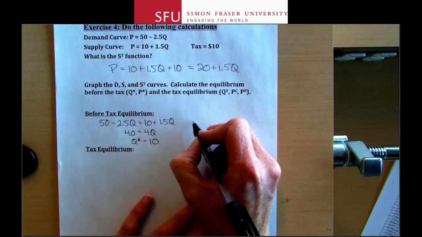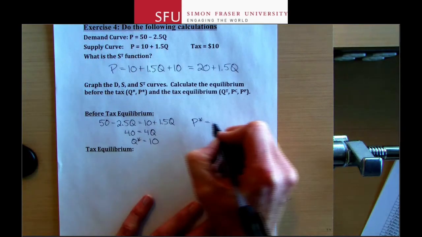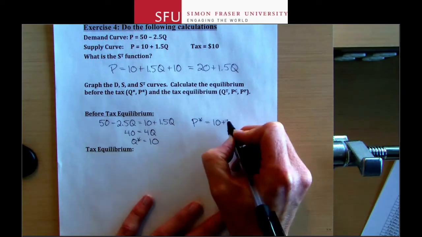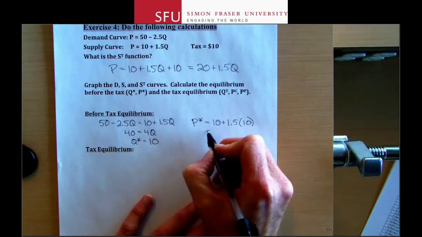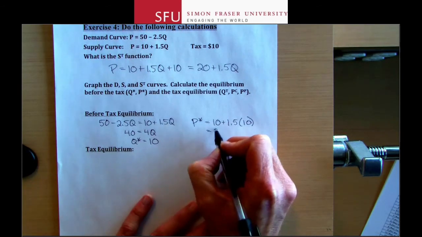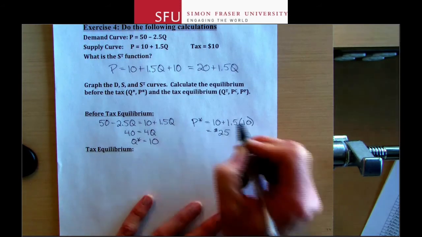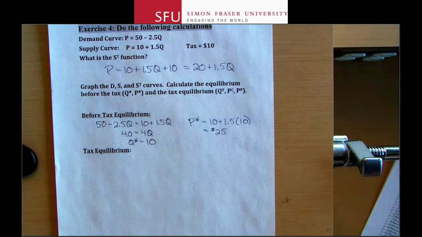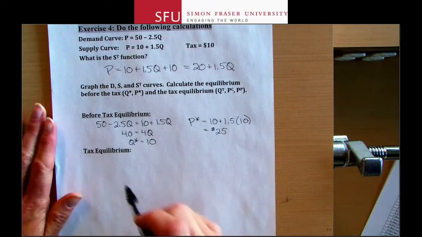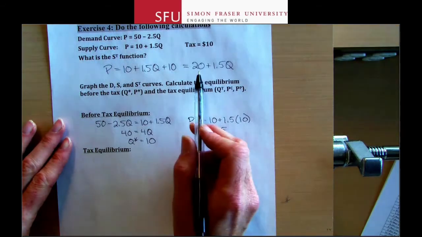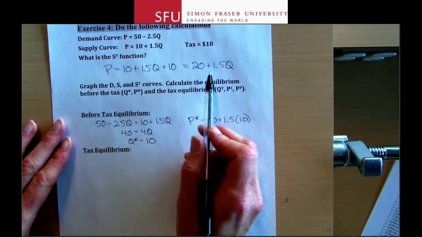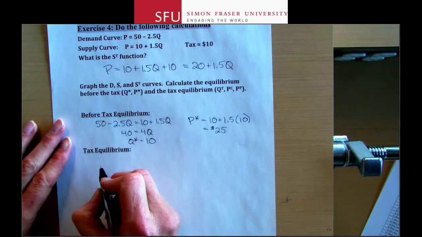And we'll calculate the price too. Okay, and then we'll calculate the tax equilibrium. So that's using the demand curve and this new supply curve, that ST curve.